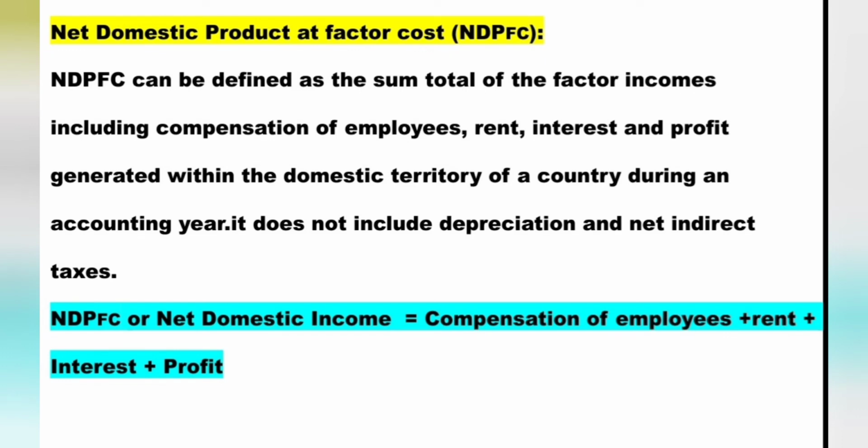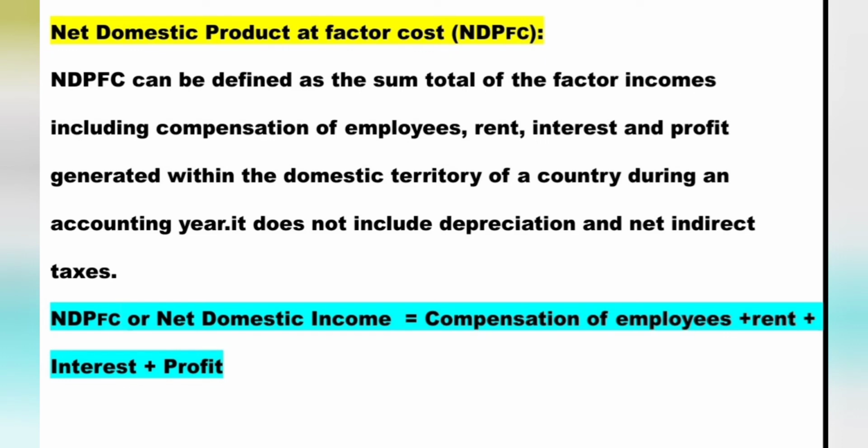Next is NDP at factor cost. NDP at factor cost is the domestic income, or we can say it is the standard unit of measurement of domestic income. It can be defined as the sum total of the factor income including compensation of employees, that is in the form of wages, salaries and all sorts of compensation received by the employees from the employer.